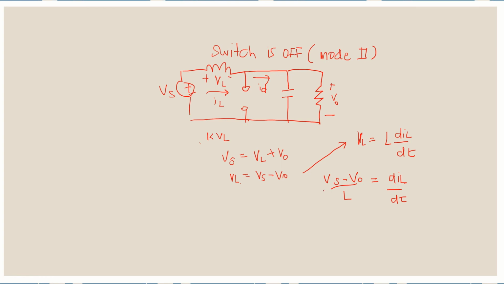You have to remember this is a boost converter. With a boost converter, the V out has to always be bigger than the Vs. So this always has to be bigger than 0, which means if I write it here, it has to be less than 0.